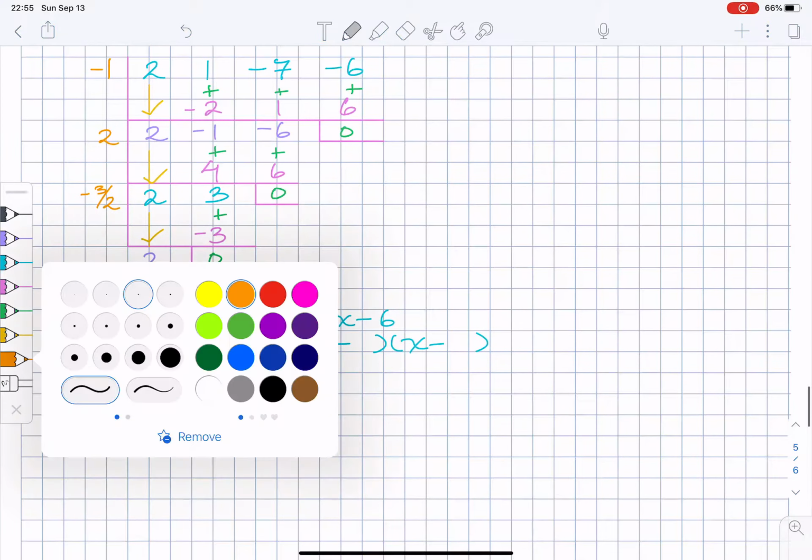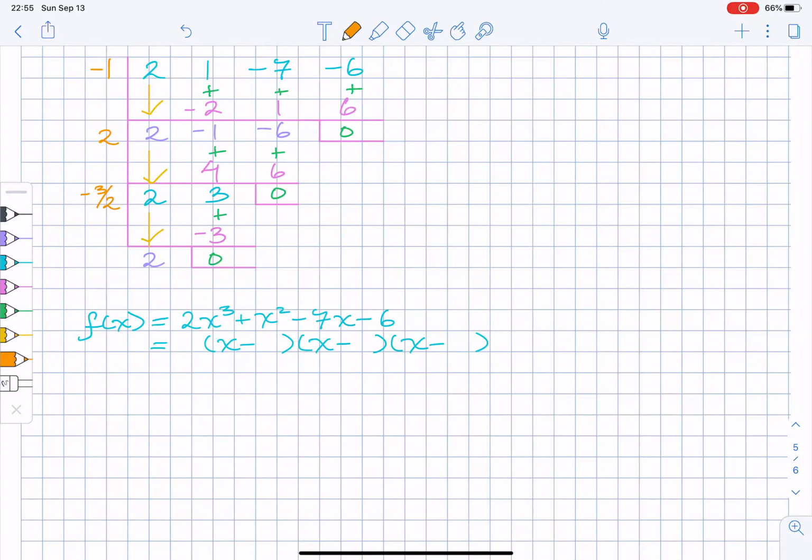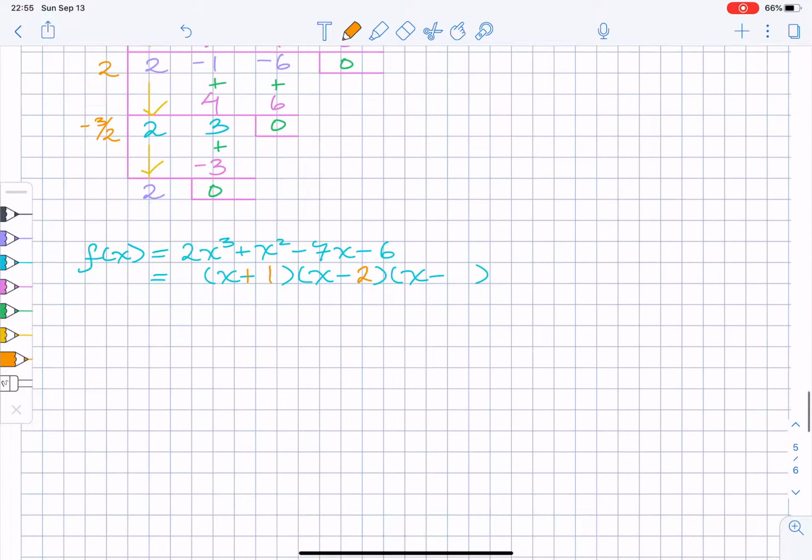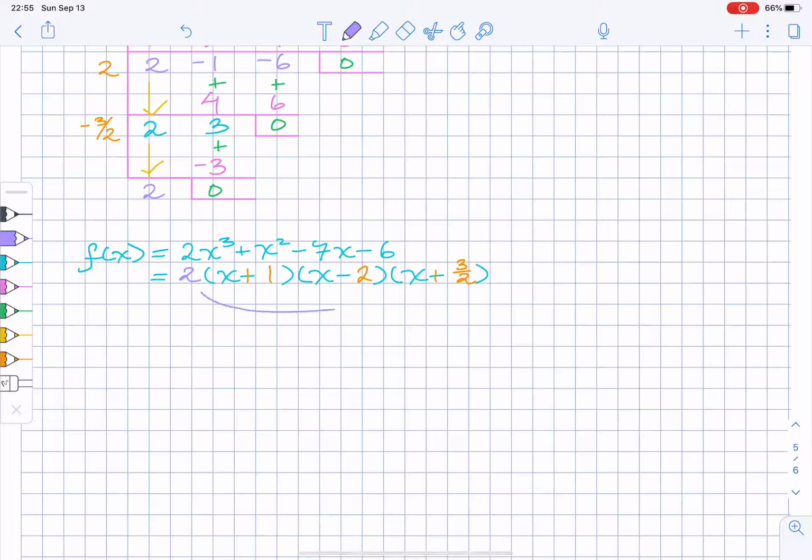So this will be x minus a negative 1, so minus a negative is plus. Then it'll be x minus the second factor, 2. Then it'll be x minus a negative 3/2. But the 2 is still left from this last quotient. Now notice if I were to distribute that inside, that 3/2 would go away, but this is sufficient.